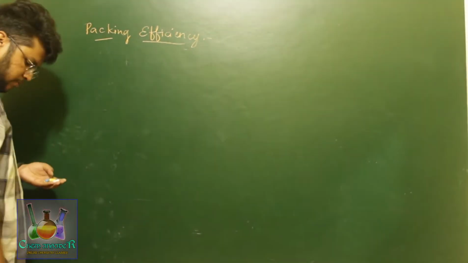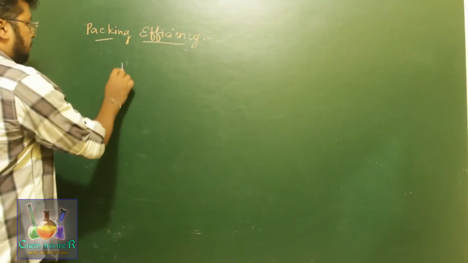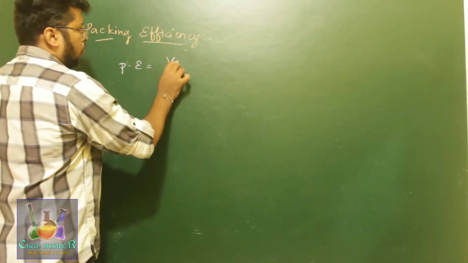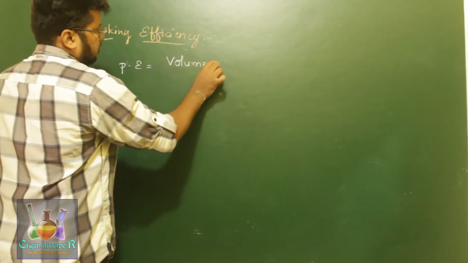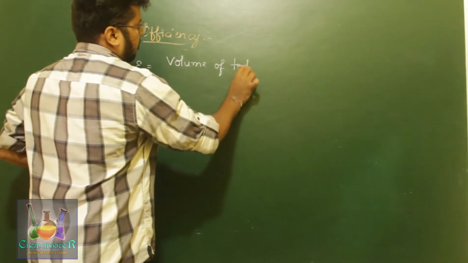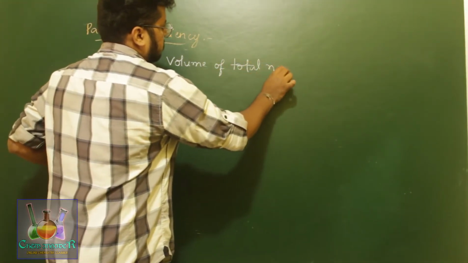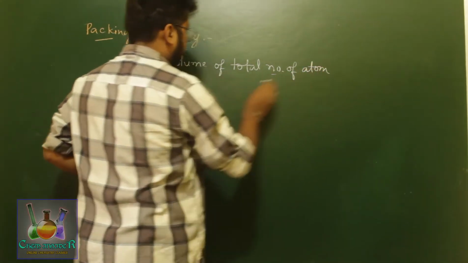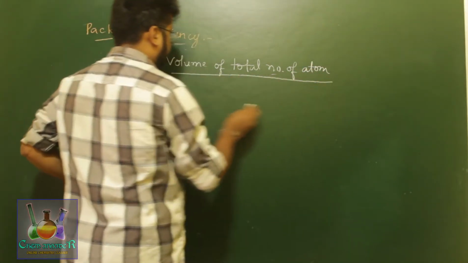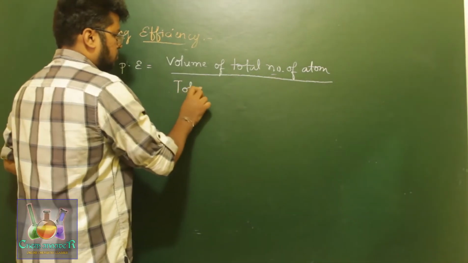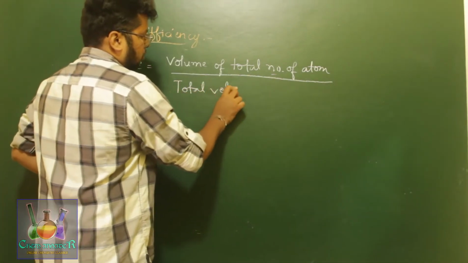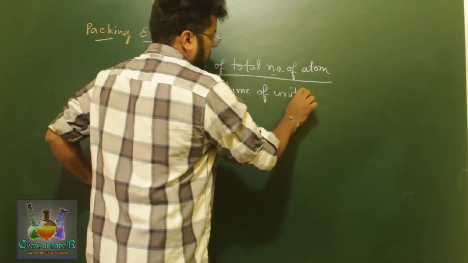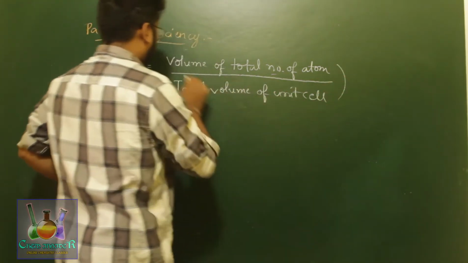You can directly write the formula for that. Packing efficiency is equal to volume of the total number of atoms, divided by the total volume of the unit cell.